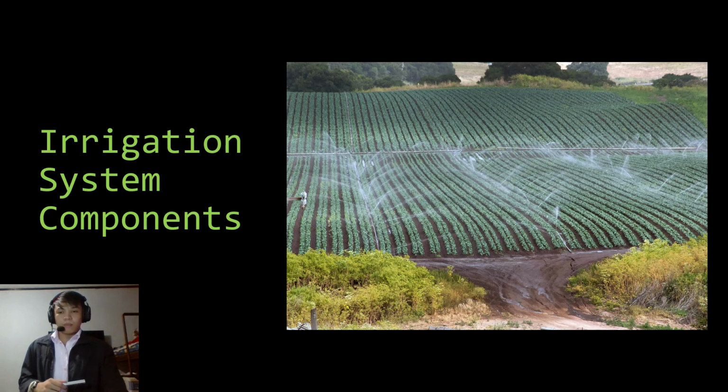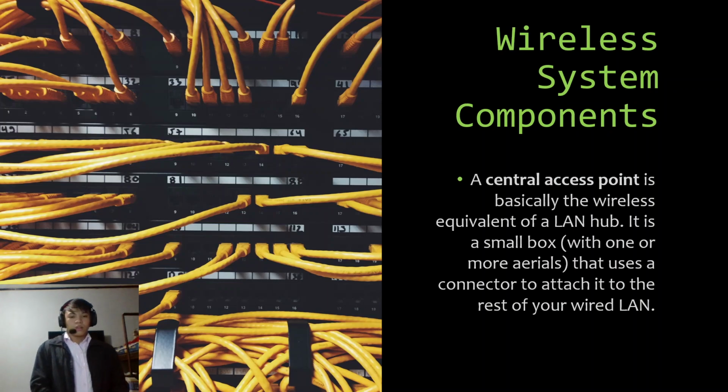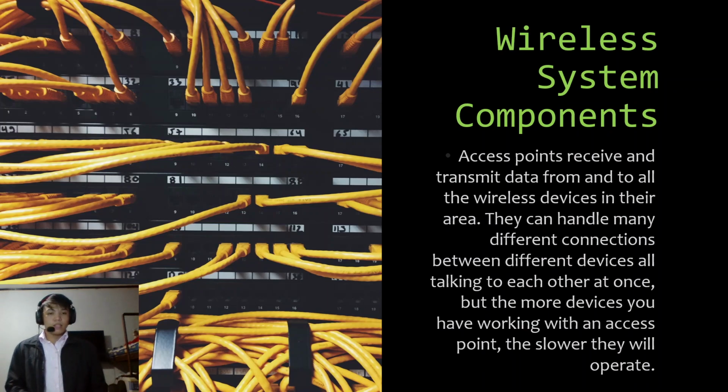Now, the irrigation system components. As we can see here, a central access point is basically the wireless equivalent of a LAN hub. It is a small box with one or more aerials that uses a connector to attach it to the rest of your wired LAN. Access points receive and transmit data from and to all the wireless devices in their area.